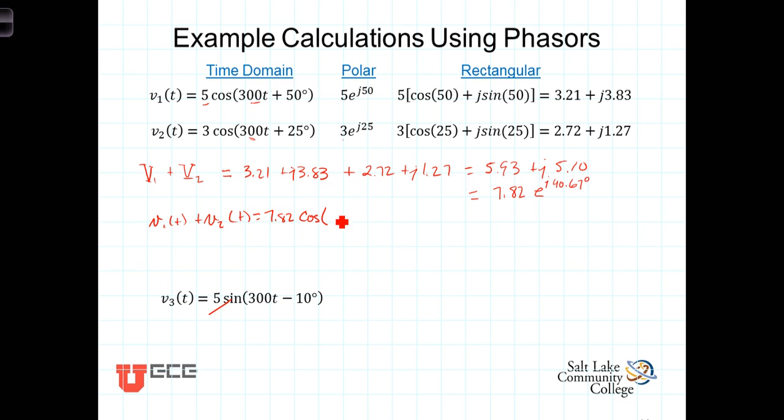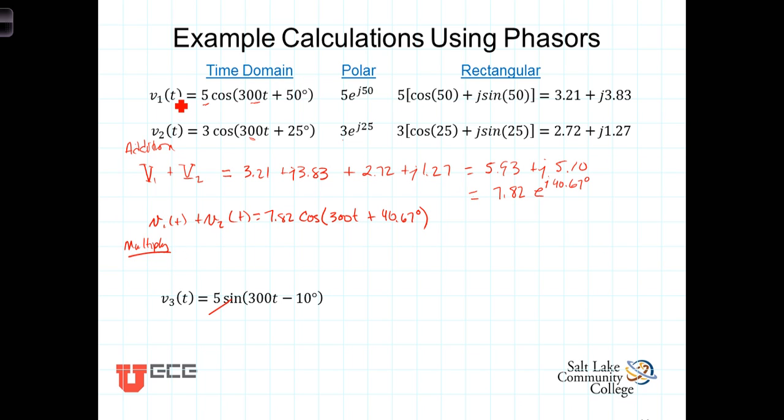It's going to be oscillating at the same frequency, 300t plus 40.67 degrees. I'll leave it to you to attempt to add these two sinusoids in the time domain. It involves a number of trigonometric identities. It's not undoable, but it is computationally intensive. So when we're adding, we add the phasors in rectangular coordinates.